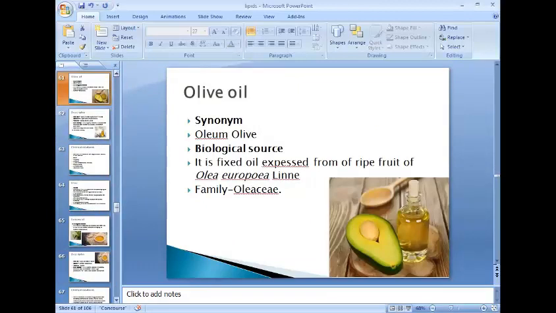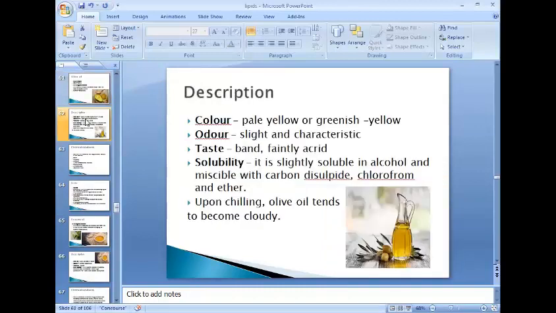The second one is olive oil, and it's also called oleum olive. It is obtained from the expression of dry fruit of Olea Europea of family Oleaceae. The oil is pale yellow or greenish yellow.